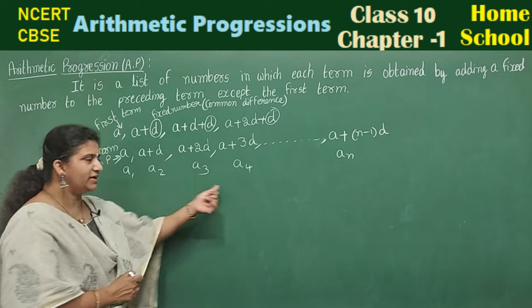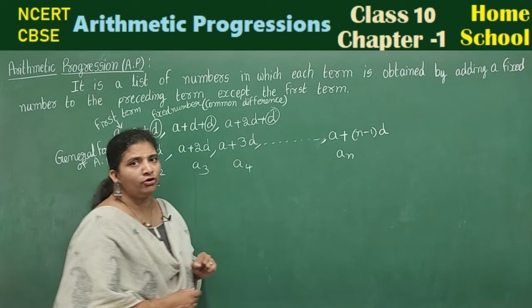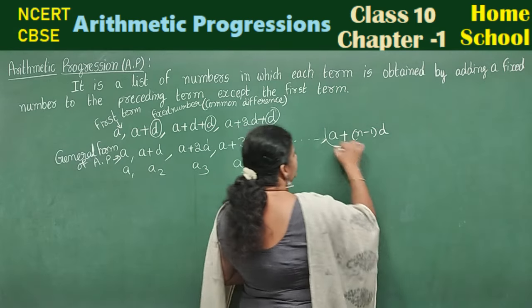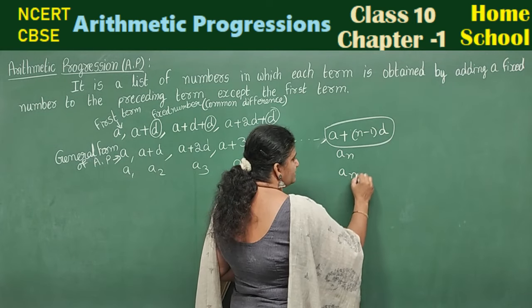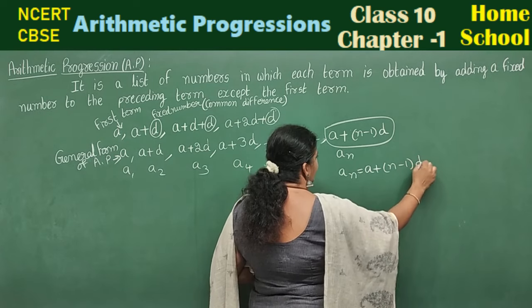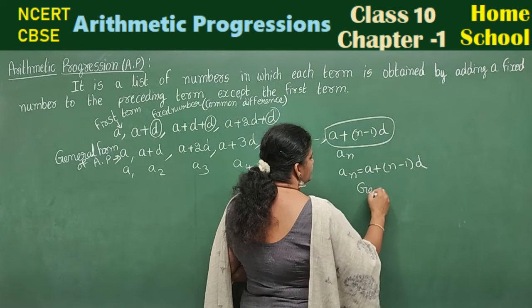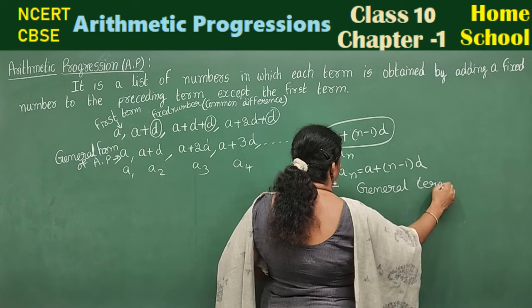Okay, this is numbering and this is the general form. And one more important point, the last term. We may write this as An is equal to A plus n minus 1 into d, and we call this the general term.